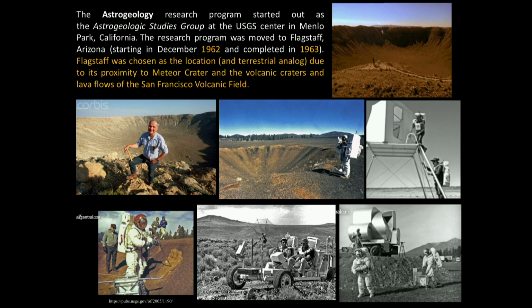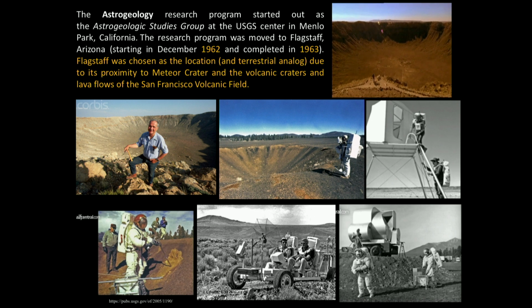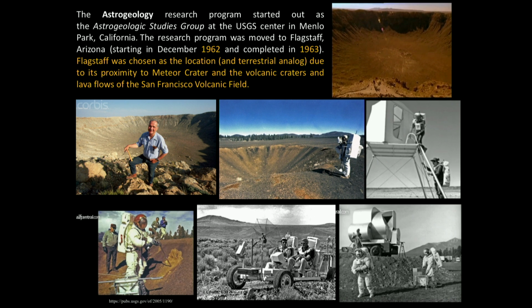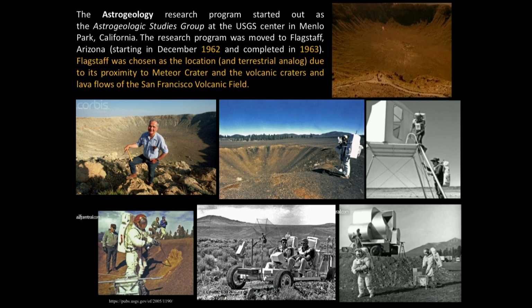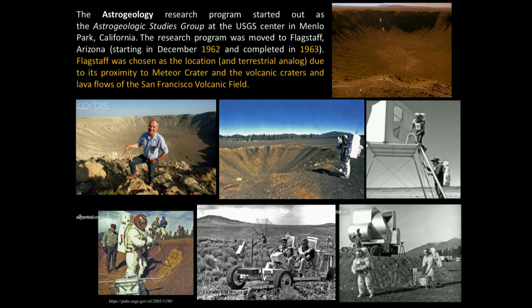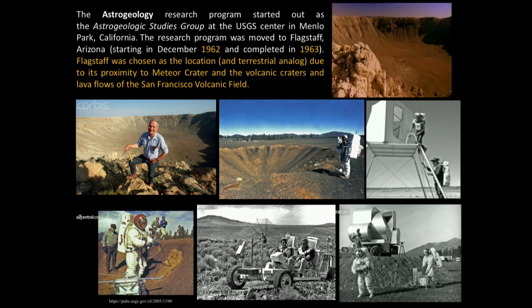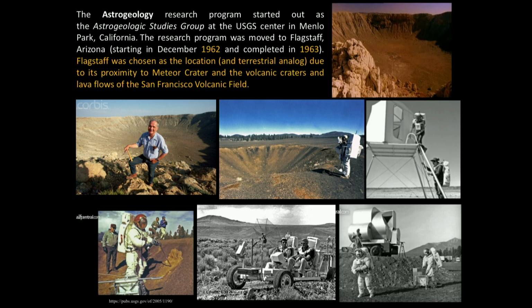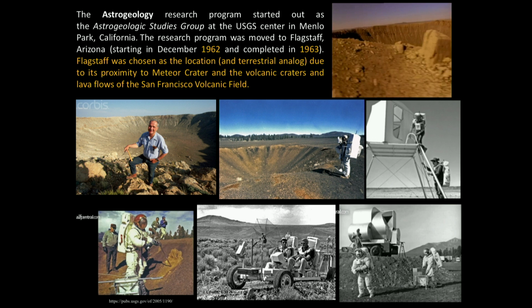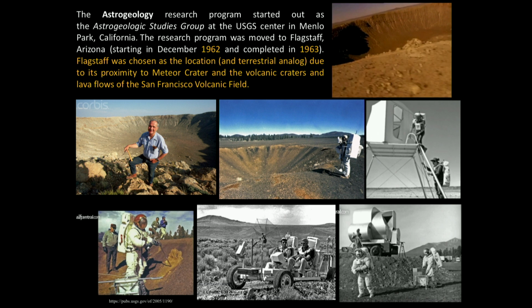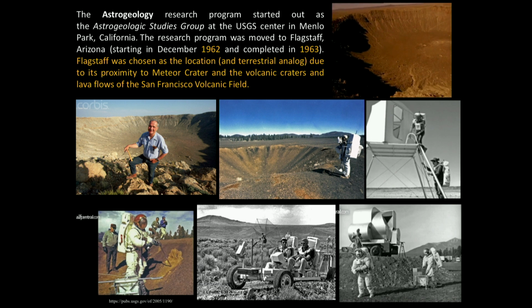Well, this is Professor Shoemaker, whom you probably know. He was working in the Barringer meteor crater in Arizona, the first structure which was identified as a cosmic structure, not without difficulties, of course, but that is another story. This is the Barringer meteor crater, and all the studies related to planetary analogs were connected with the training of the astronauts for the Apollo mission.